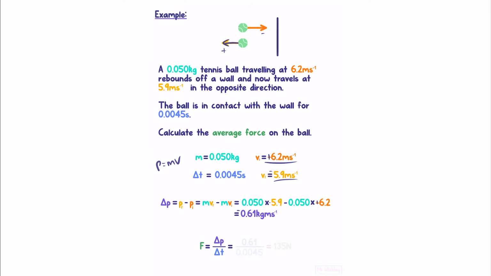And because we have swapped the direction of positive and negative, the fact that our change in momentum is negative means it points in the negative direction, this direction here, exactly the same as before. Now, knowing our change in momentum and our duration, we can substitute these into our force equation, giving us 135 newtons.